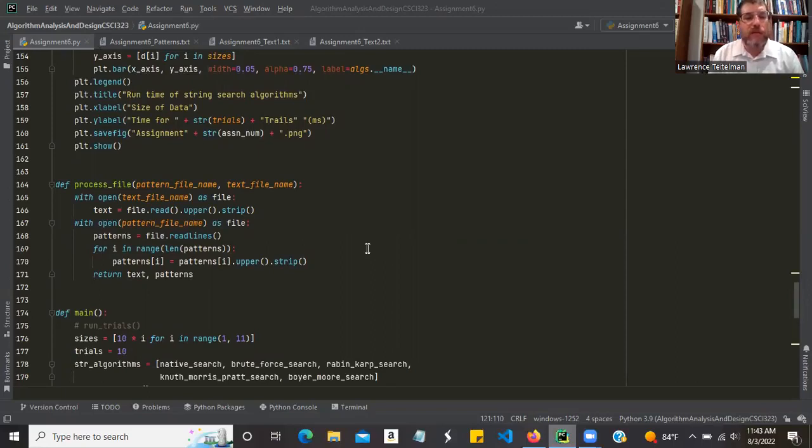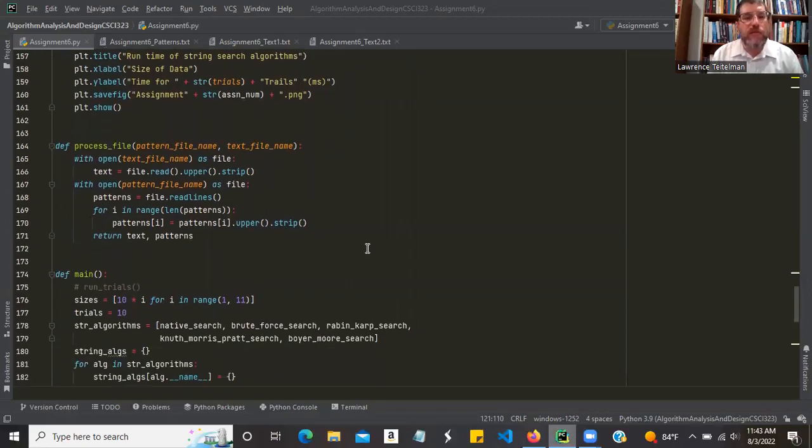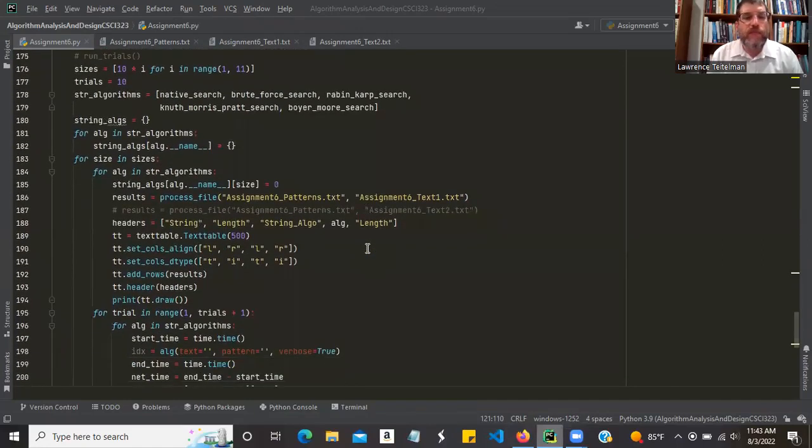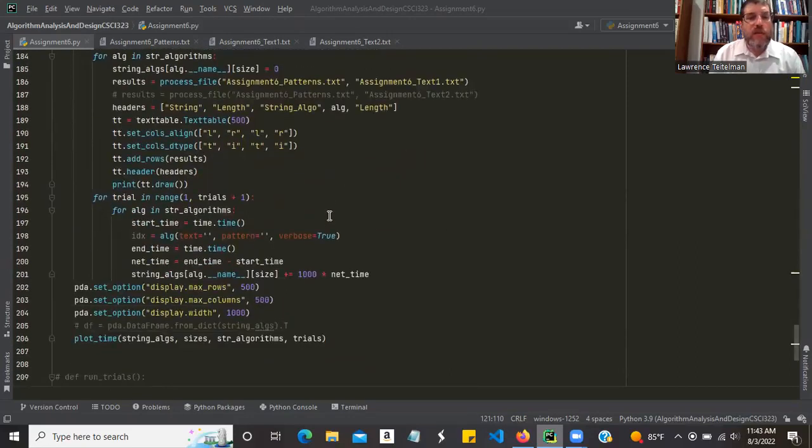All right, so now go back to the code. You need to iterate over those patterns, right? So if you go further down, you're going to need to iterate.